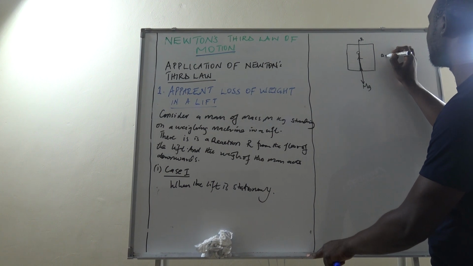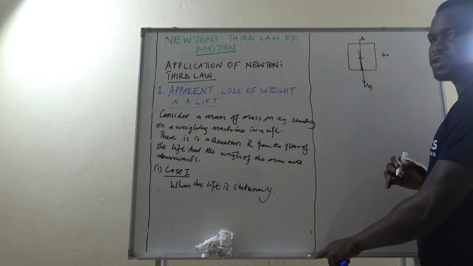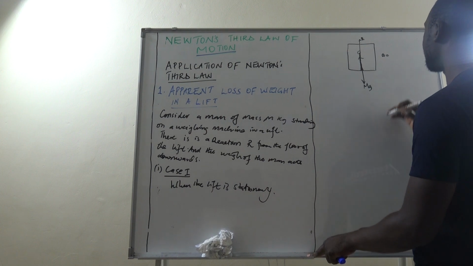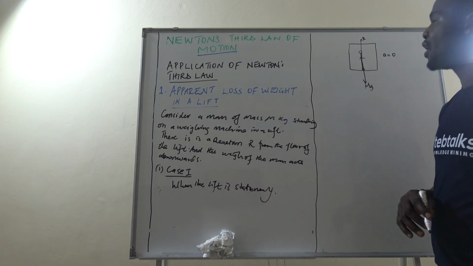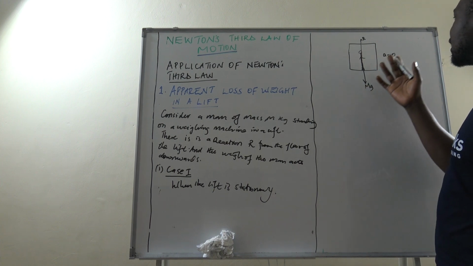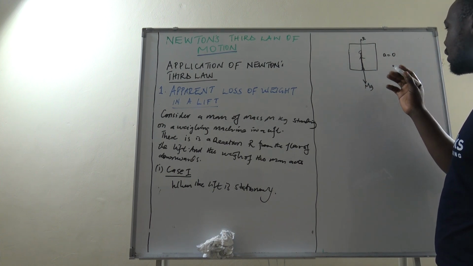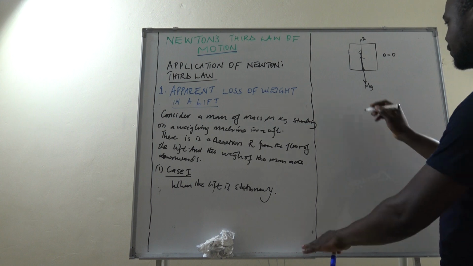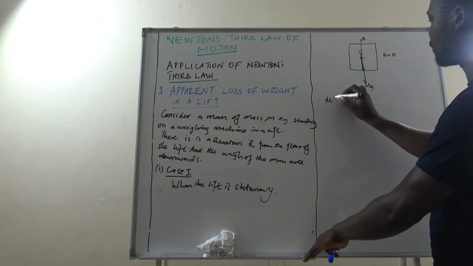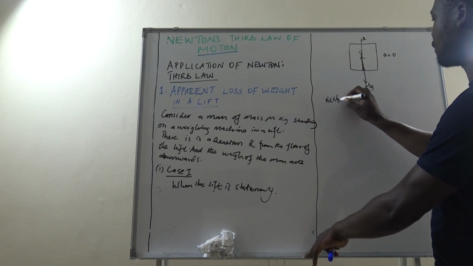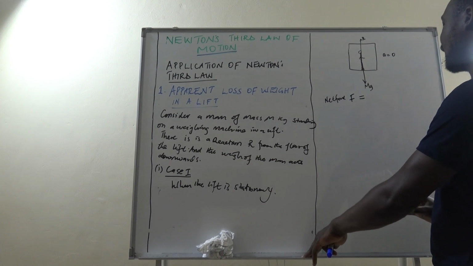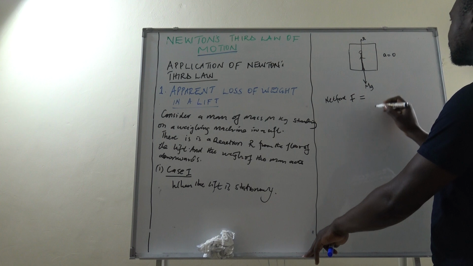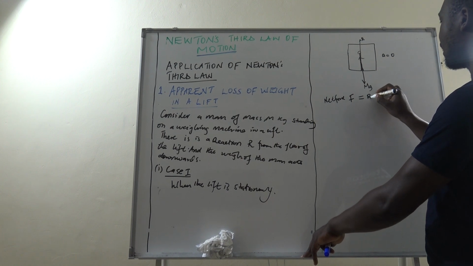Now if this lift is stationary, it means it is not accelerating, and the acceleration is 0. Now how do we get the net force, or the resultant force? The net force F is equal to R minus mg.